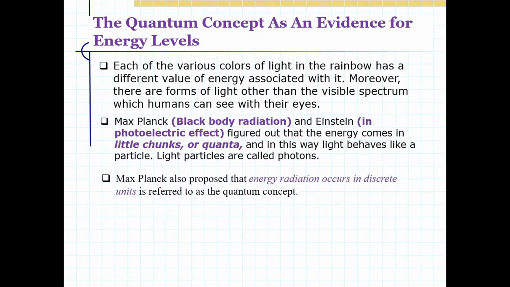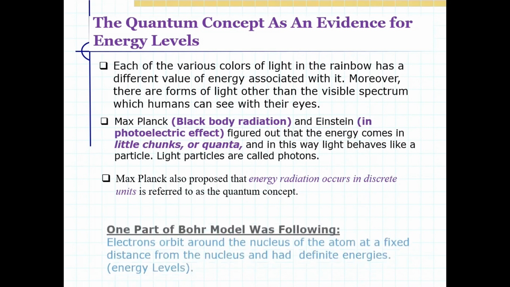Max Planck also proposed that the energy radiation occurs in discrete units, and he referred to it as the quantum concept. That is, the exchange of energy takes place in a discrete form. It is not a continuous variation of energy that takes place when energy is transferred from the electromagnetic waves.